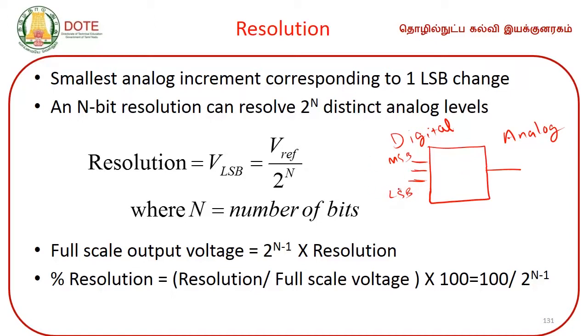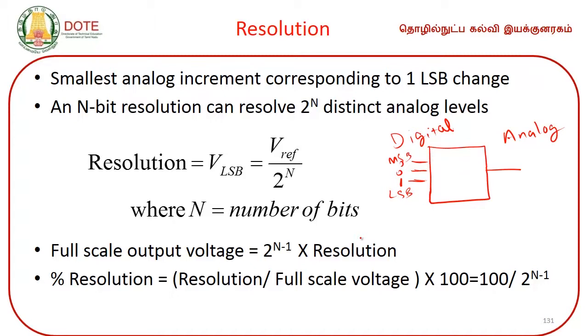For one LSB digital input, only the LSB is 1 and all other bits are 0. For this digital input, what is the analog output? That is called resolution, the smallest analog increment corresponding to 1 LSB.